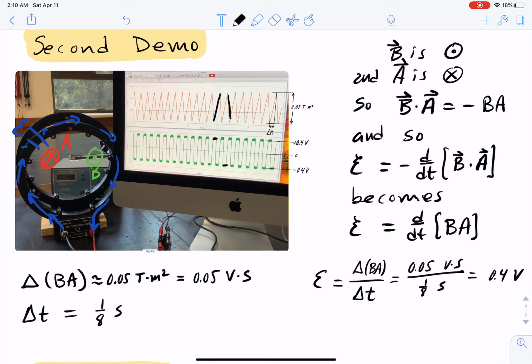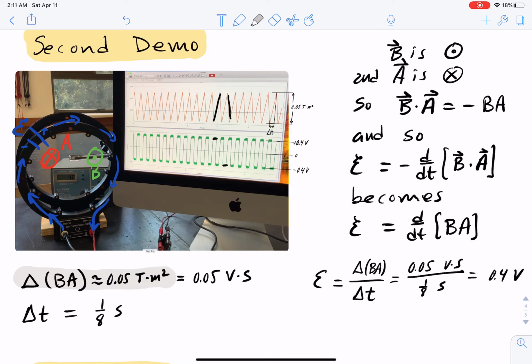Okay, to calculate the slope, we need the net rise. You can't quite see it in this, but if you zoom in, you probably can. It's about 0.05 Tesla meter square. Okay, so we know that the change in the field times the area.